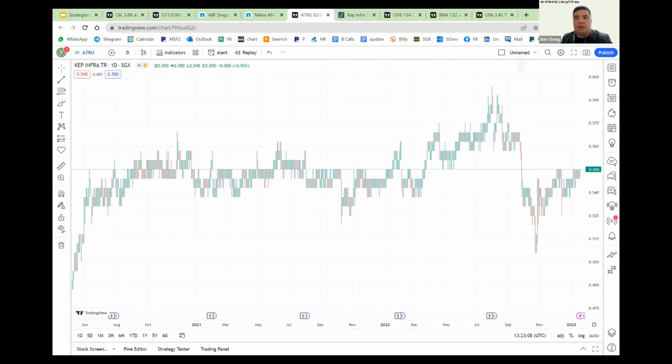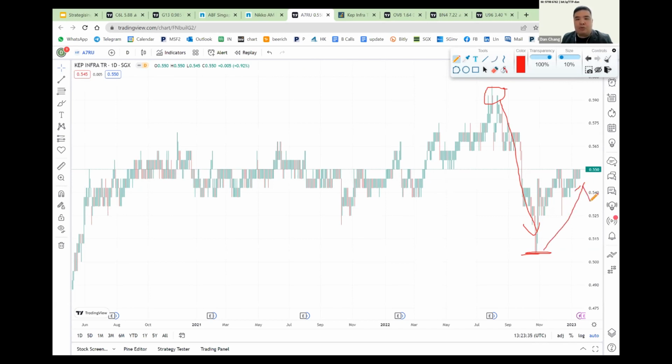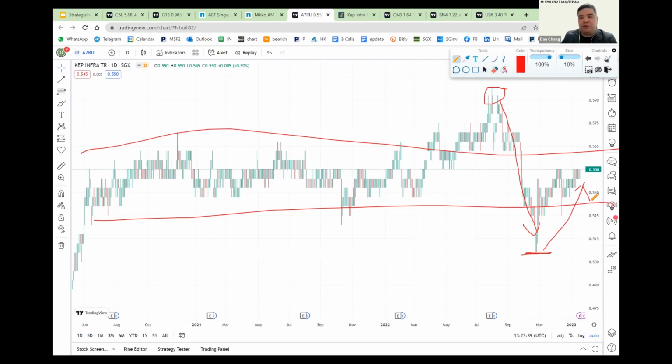Obviously, when the news of the fourth consecutive 0.75% rate hike was announced, as I mentioned earlier, all the REITs suffered, including Capital Infrastructure Trust. So they went down also. But do take note, when they went down, they didn't actually drop a lot, and they recovered back to where they were originally trading.